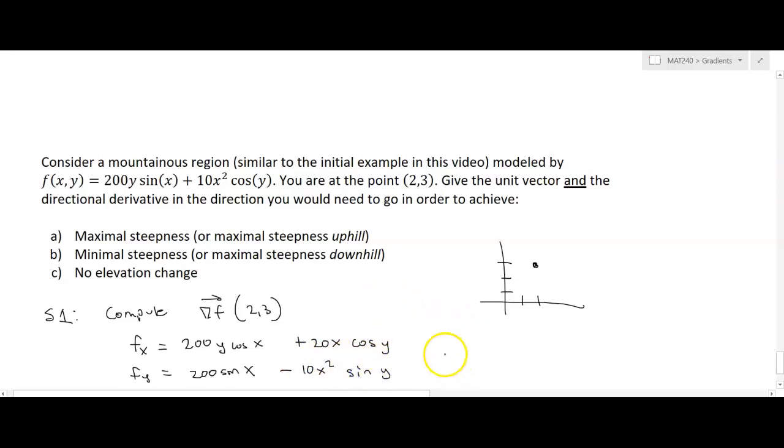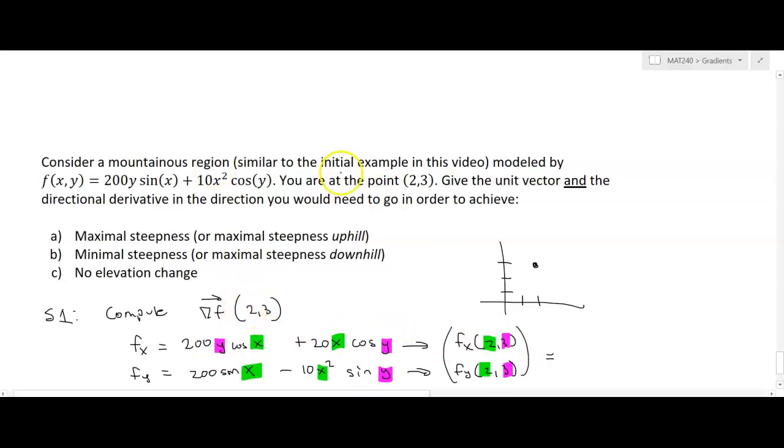And those are our two partial derivatives. Now let's evaluate them to form the vector: f sub x at the point (2, 3). We plug in 2 for x and 3 for y, and do the same thing for f sub y to get that gradient vector.